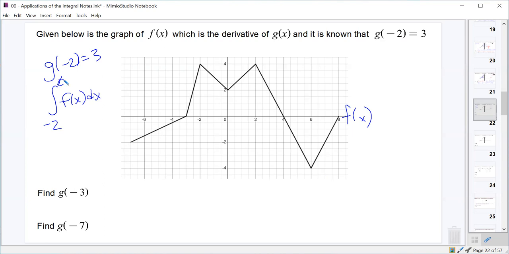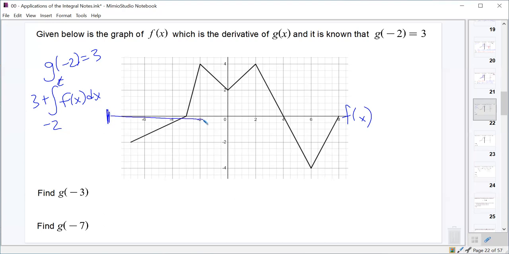But anytime we're going to some other value, we're going to have to add 3 to it. Right? So we're looking at 3 plus an integral from -2 to some t value for each of these g's that we're going to have to try to find. You can kind of think about it like the integral could start somewhere. You know, it's going to start at -2, and we're going to just kind of go from there. Let's say we started over here.